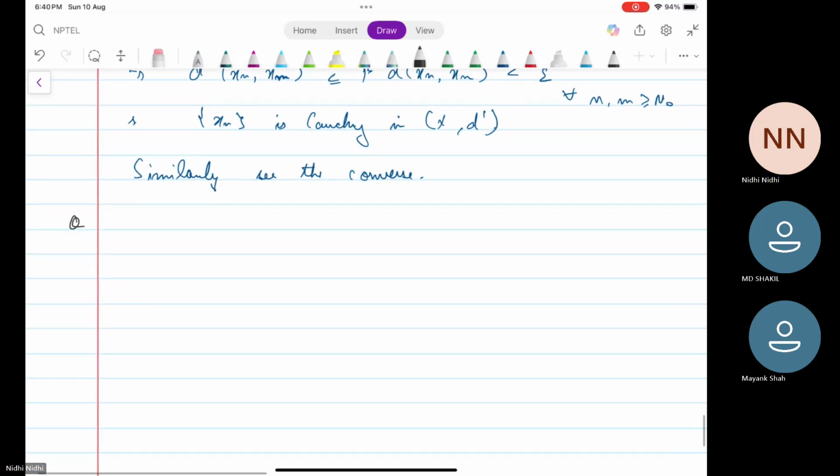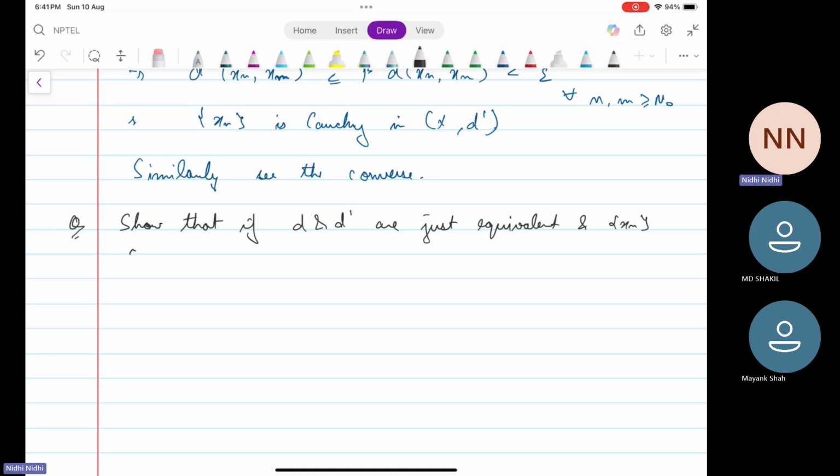So show that if D and D prime are just equivalent, and Xn is Cauchy with respect to the metric D, it need not be the case that Xn is Cauchy with respect to D prime. So we'll look at some example.